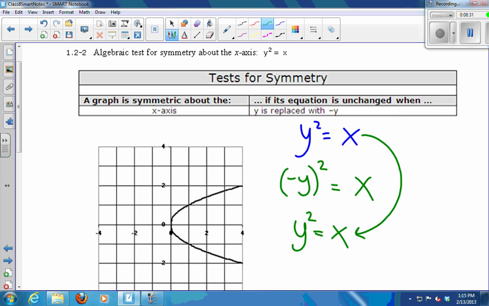Exact same equation, right? So I do have x-axis symmetry. Okay with that? Any questions?